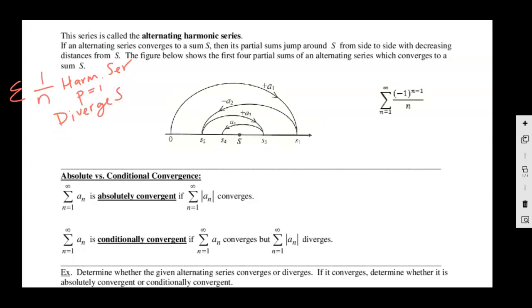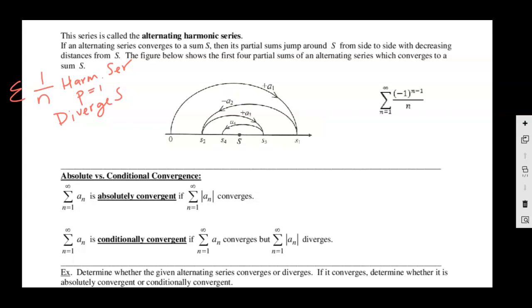If you did the integral test, it's ln of n and the ln of infinity. Even though that natural log function is really slow growing, it does end up going to infinity. That harmonic series was kind of the tipping point for our p-series test. That's where things started to be infinitely too big. And so that harmonic series diverges.